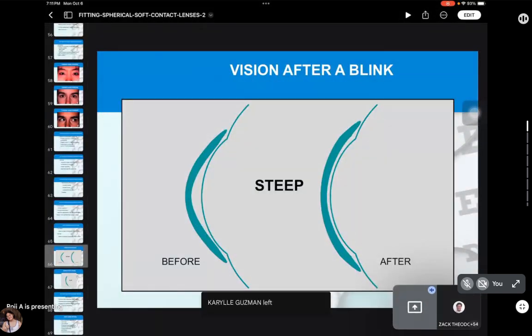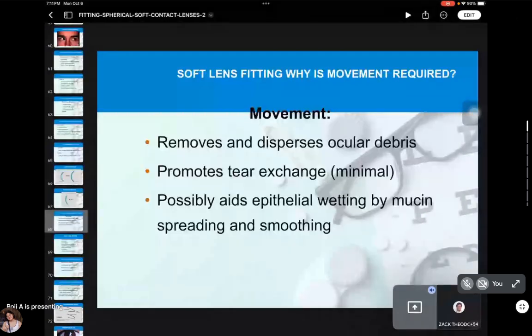And so this is what it is after blink. It pushes the contact lens towards the cornea. And when flat, it keeps moving, obviously. So again, why is movement required? Because it removes and disperses ocular debris, promotes tear exchange, and possibly aids in epithelial wetting by mucin spreading and smoothing.